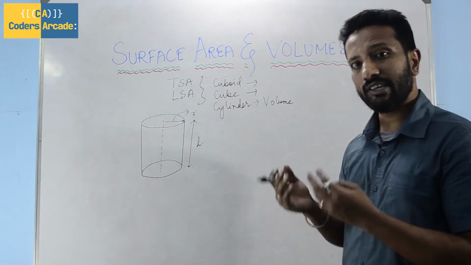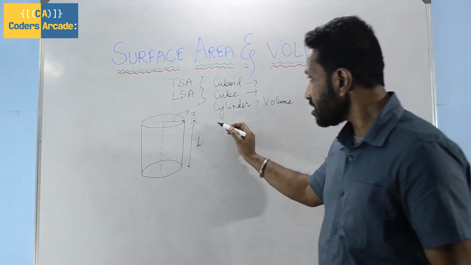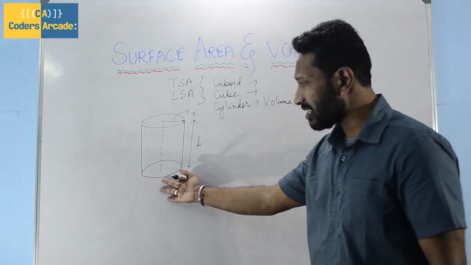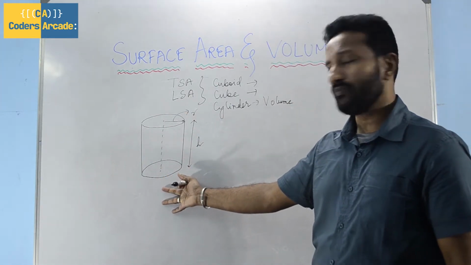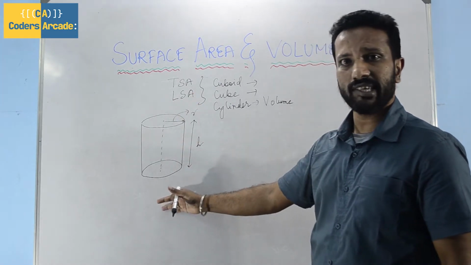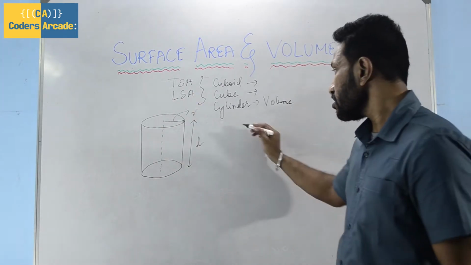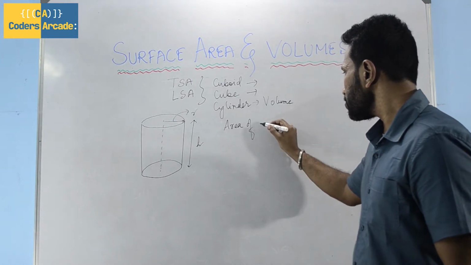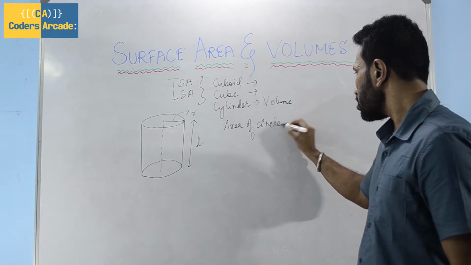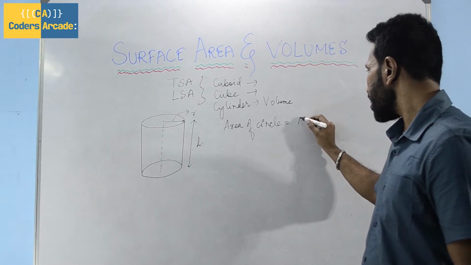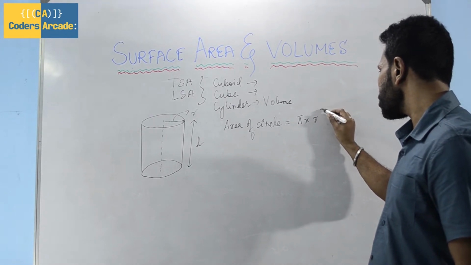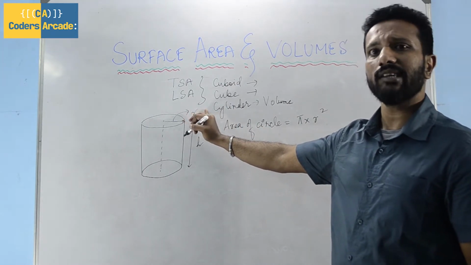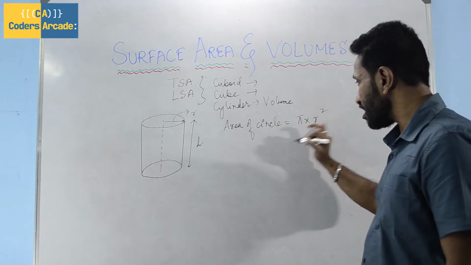First, let us calculate the area of this upper circle, or you can calculate the area of the lower circle as well. You can say top or bottom as well. The area of a circle, as we know, is equal to pi r square, as we have taken the radius to be r.